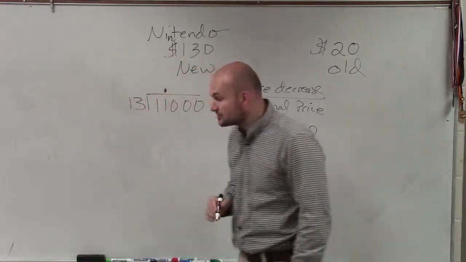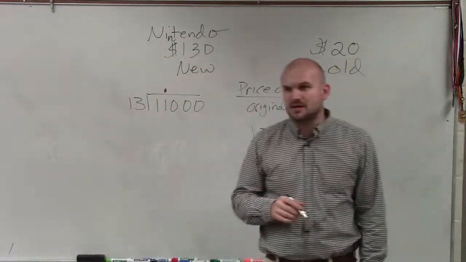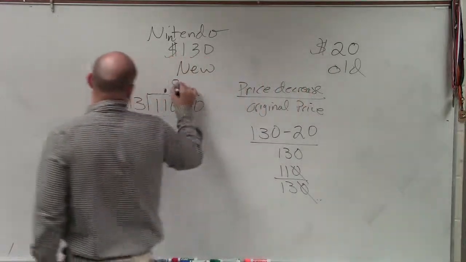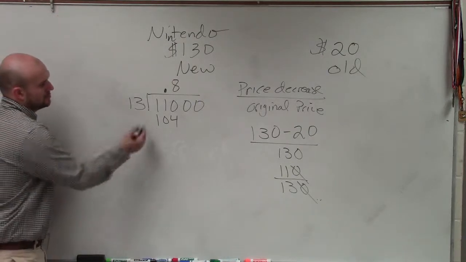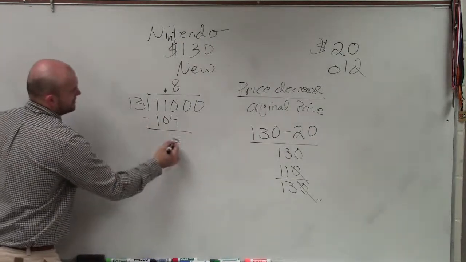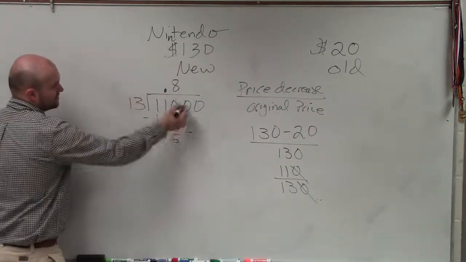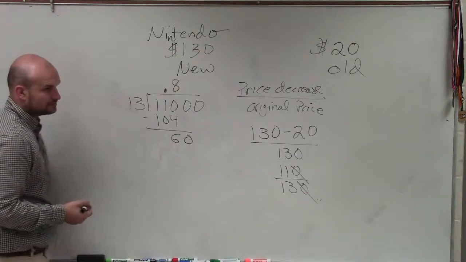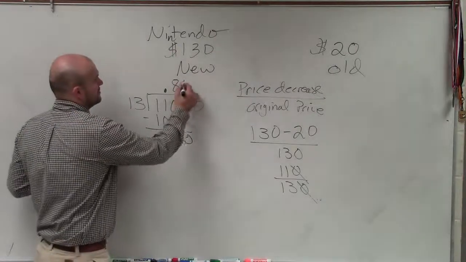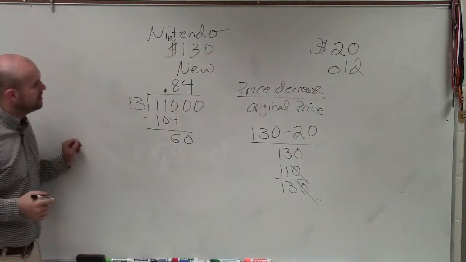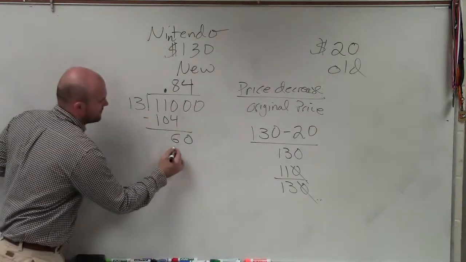So 13 does go into 110. And we say it was 8. 8 times 13 is 104. Subtract. We get 6. 13 doesn't go into 6, so let's bring down the next 0. 13 goes into 60 4 times. 4 times 13 is 52, right?